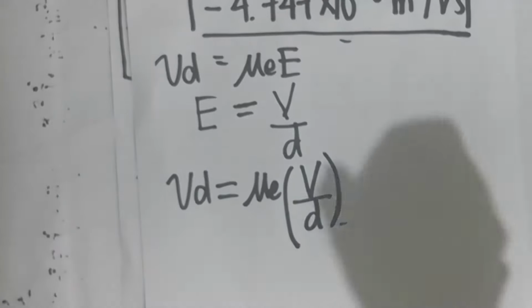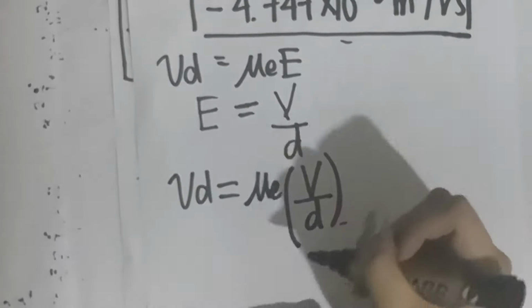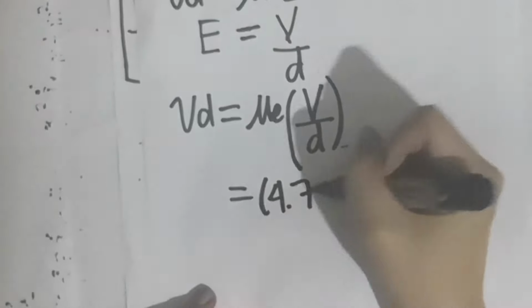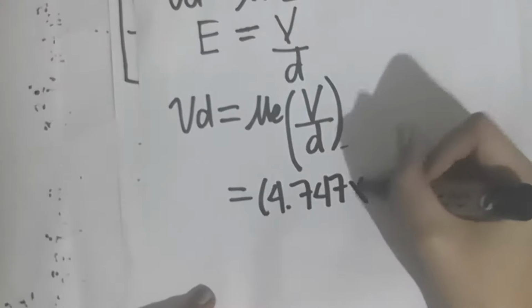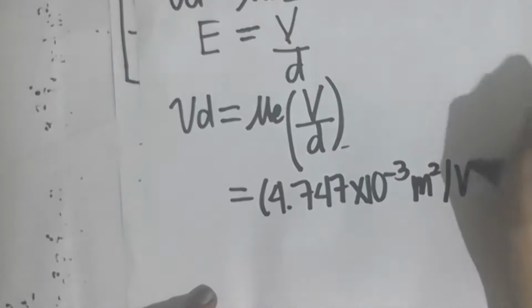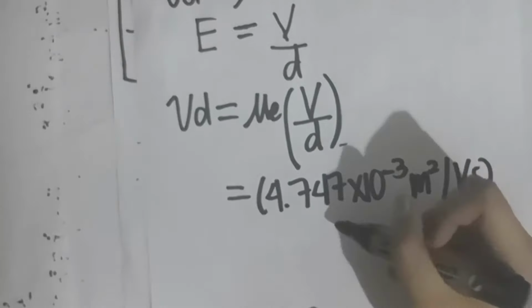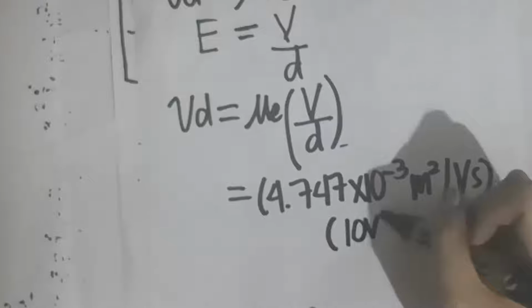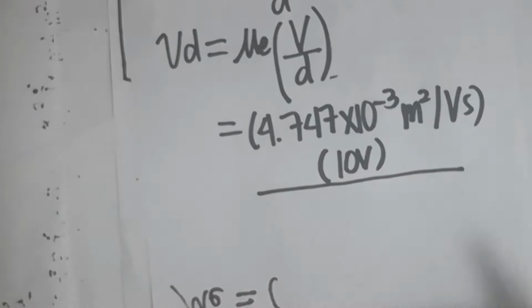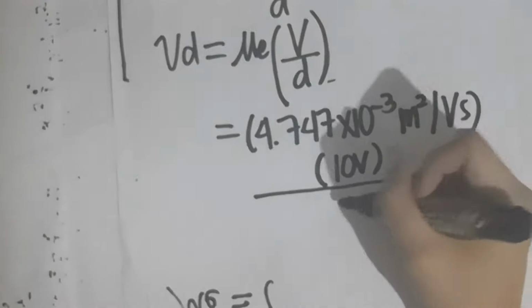By substituting the values, mu sub E, which we already solved in the previous item, would be 4.747 times 10 to the negative 3 meters squared per volt second, multiplied by V, which is 10 volts, all over d, which is 2 meters.